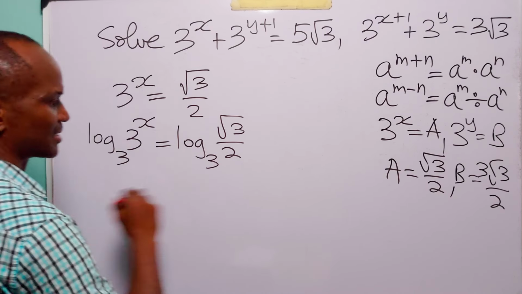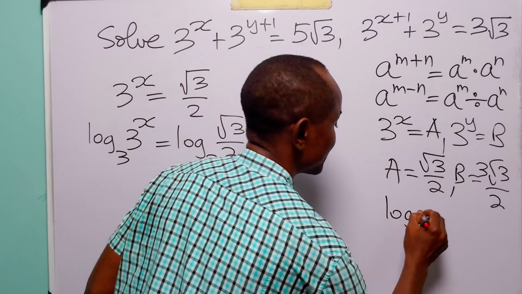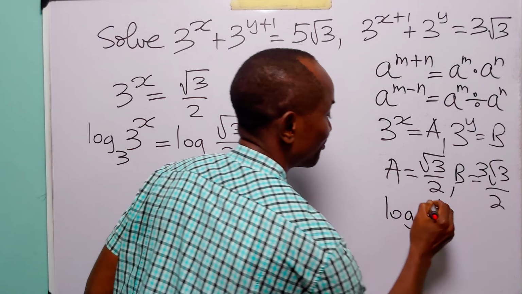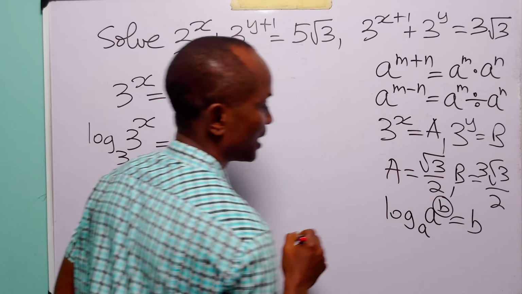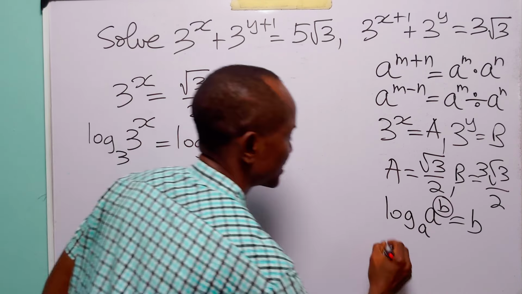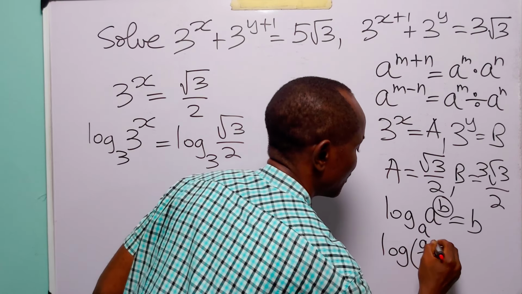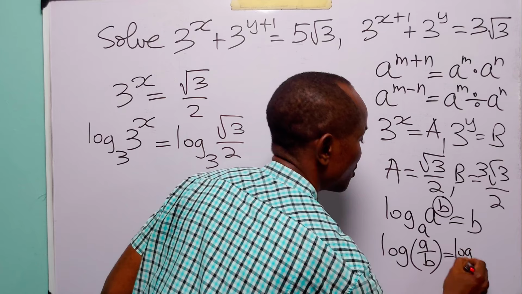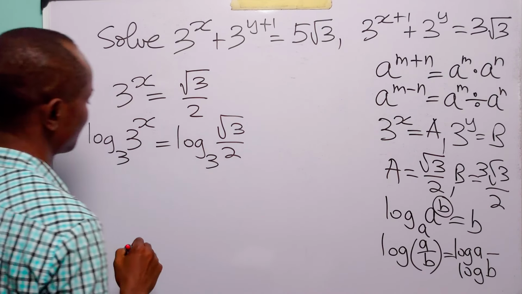Now, let us remember that log to base a of a to the power b is equal to b. And let us also remember that log of a over b is equal to log a minus log b.